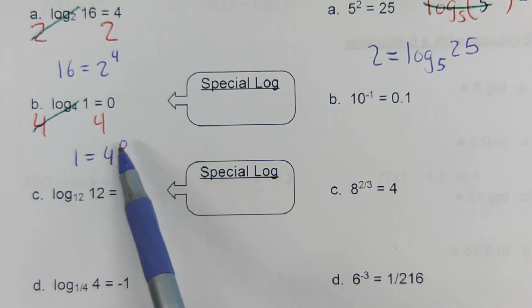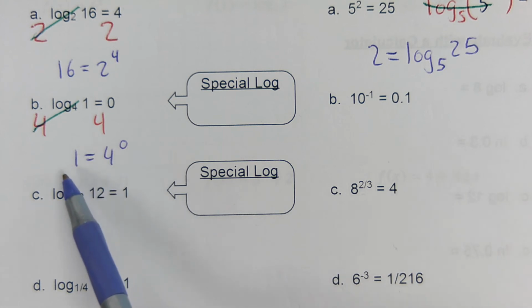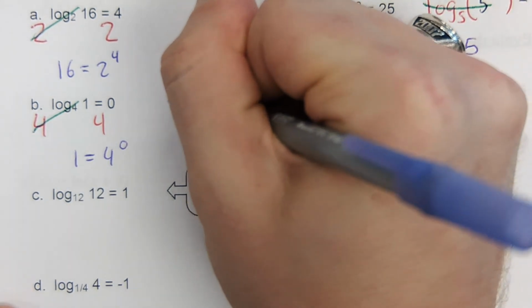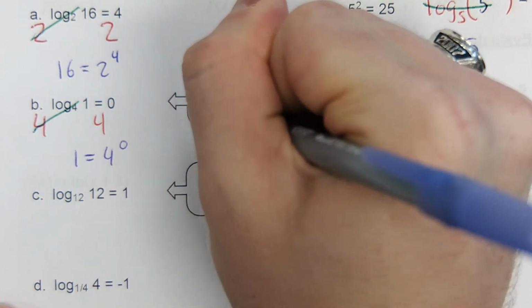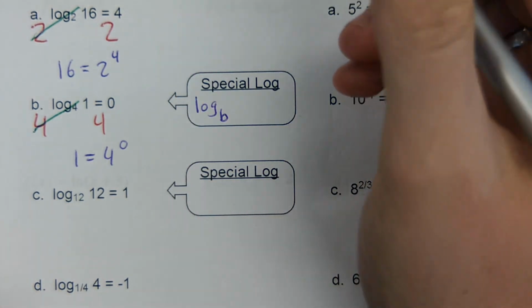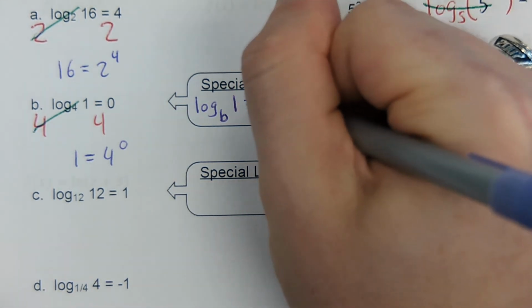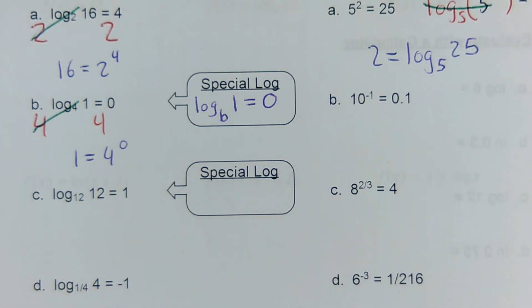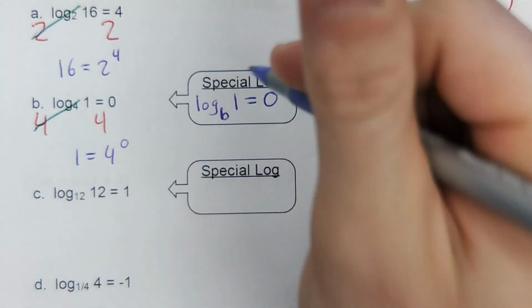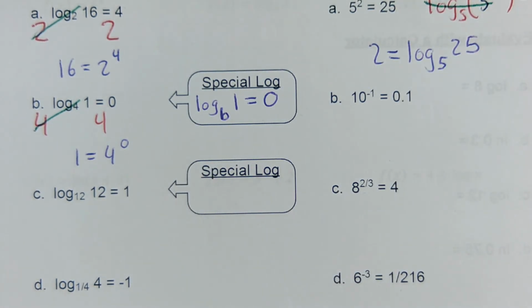And everything raised to the 0 is 1. So the special log says this: log base b of 1 is always 0. Base b means I don't care what number you put there, your evaluation will be 0.